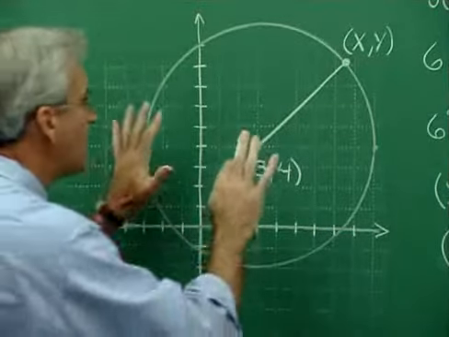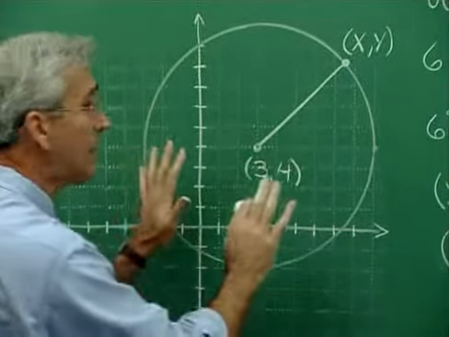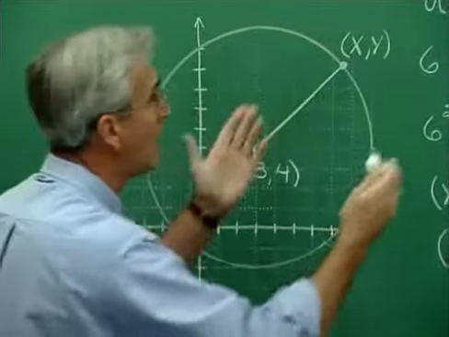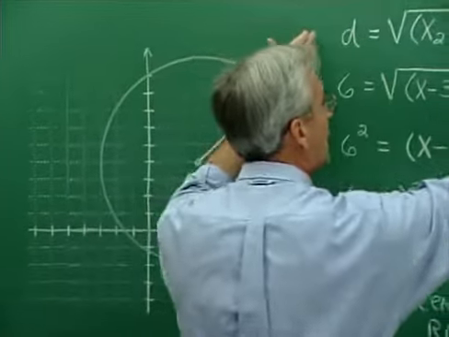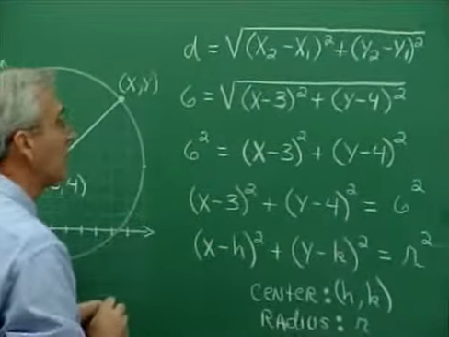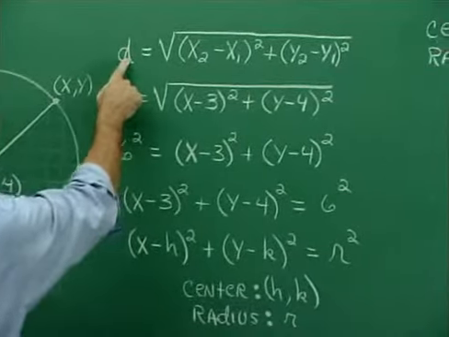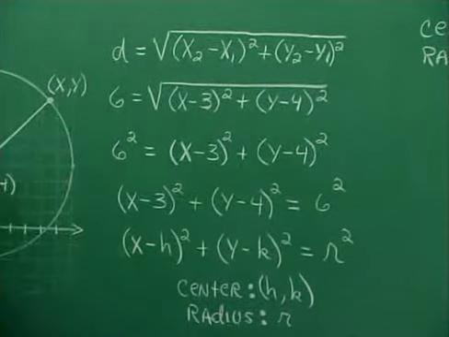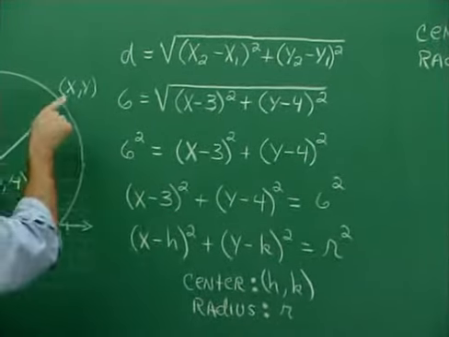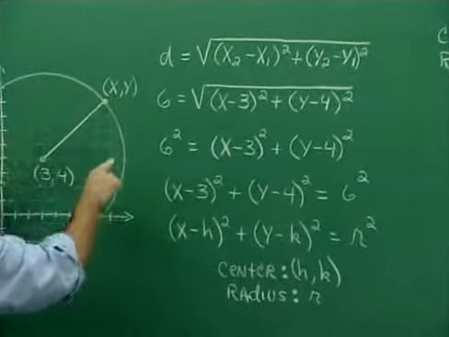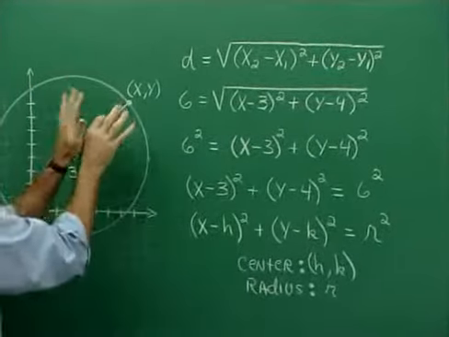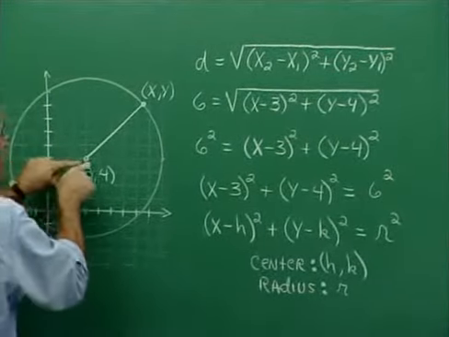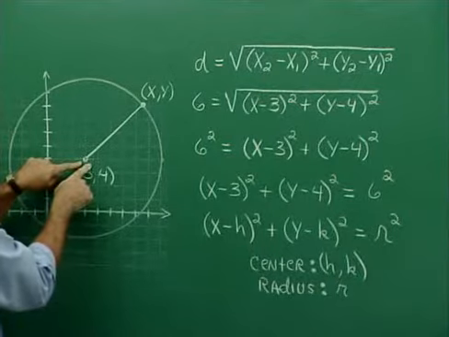And now let's begin the process of developing the equation associated with this by just taking our distance formula and putting in information that we know. The distance that we're talking about is 6, and it's the distance from this point to the edge of the circle. All right, the points on the edge of the circle are general (x, y) pairs, but the point in the center is a specific (3, 4).